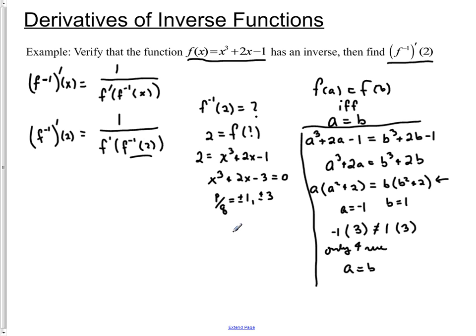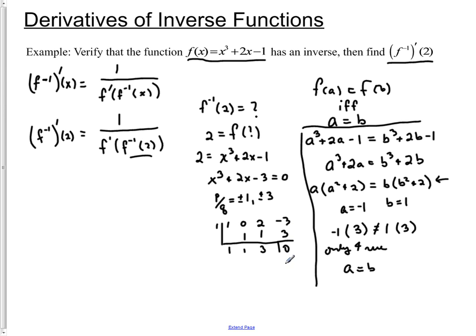So let's figure this out. Which one would it be? Well, let's just try some numbers. Let's test it by synthetic division. Let's try positive 1. That's a nice, easy number to check. We would put our coefficients 1, x cubed, 0, x squared, don't forget the placeholder, 2, x, minus 3. Does that work? Bring down the 1, multiply, add going down the column, multiply, add going down the column, multiply, add going down the column.